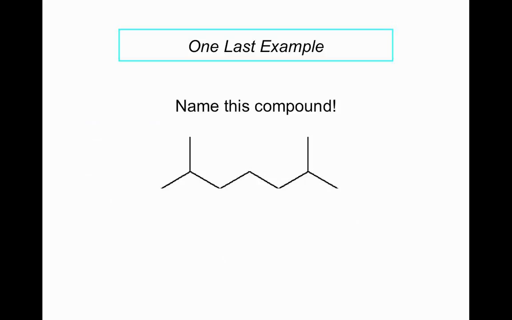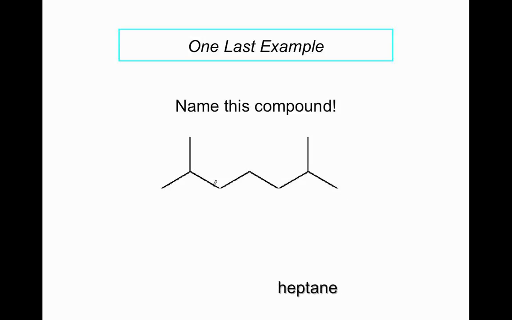So let's do one quick last example here to name this compound. Stepping through our rules, we again identify the longest chain. Hopefully you can see with me that the longest chain in this compound has 1, 2, 3, 4, 5, 6, 7 carbons. No matter how you count this from any end, you'll see that the longest chain has 7 carbons, making this a heptane.